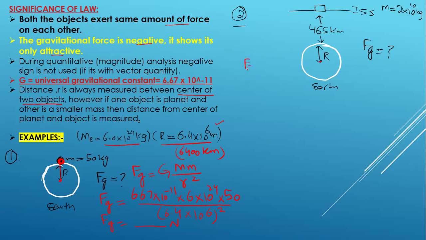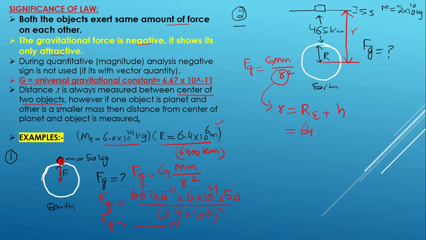Again, you would use the same equation, but this time r is the distance from the center of Earth to the ISS. So this is r: the radius of Earth plus the height above it.